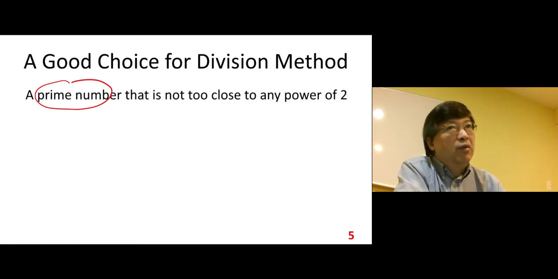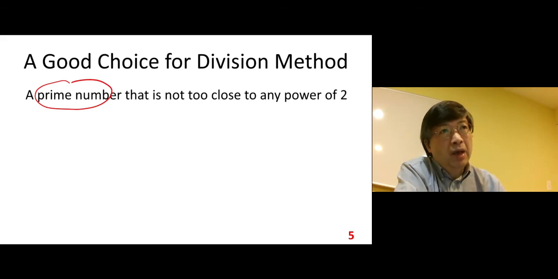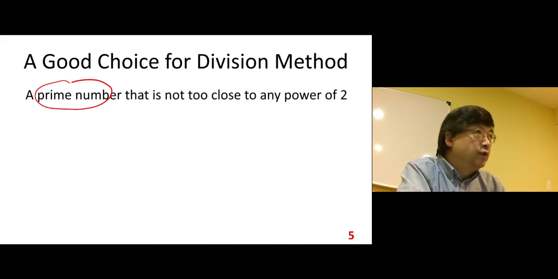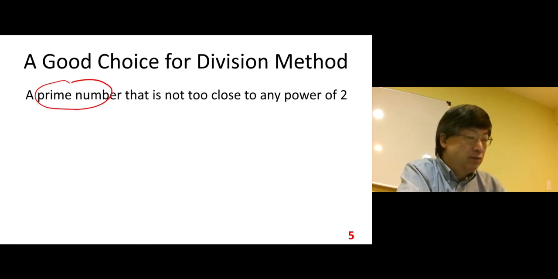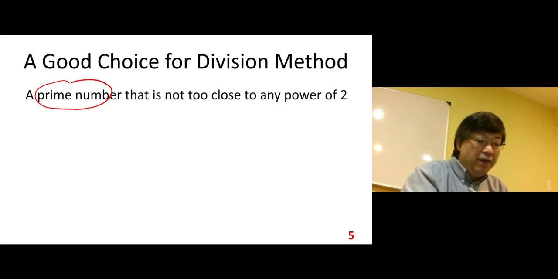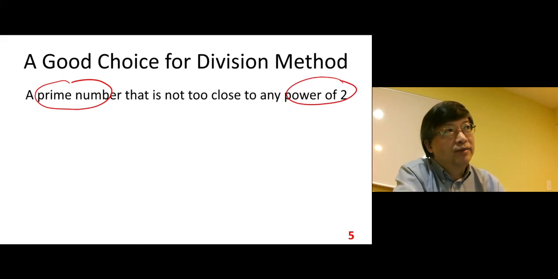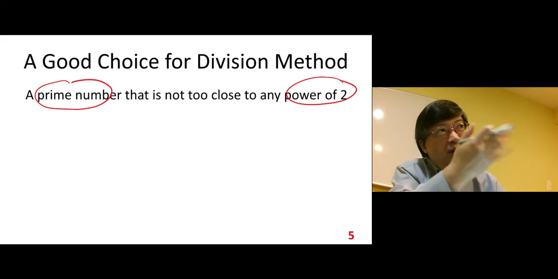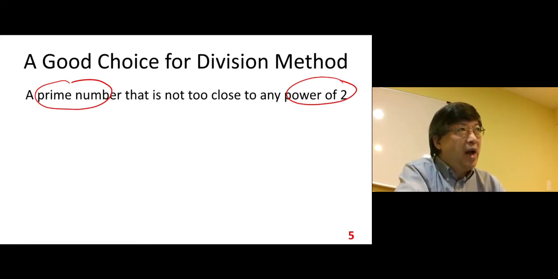That's why, when the data has the pattern of multiples of 3, it is a problem. With a prime number, we don't have that. A prime number cannot be written as a product of 2 smaller positive integers, so we use that property. We also choose M not too close to any power of 2. That will break the second pattern.